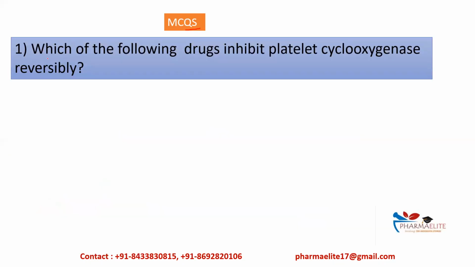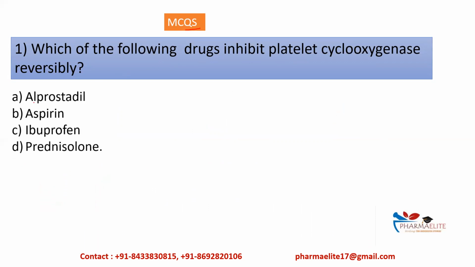Then we'll come to the MCQ part. So first question: which of the following drugs inhibit platelet cyclooxygenase reversibly? Options are alprostadil, aspirin, ibuprofen, and prednisolone. So first one is alprostadil.